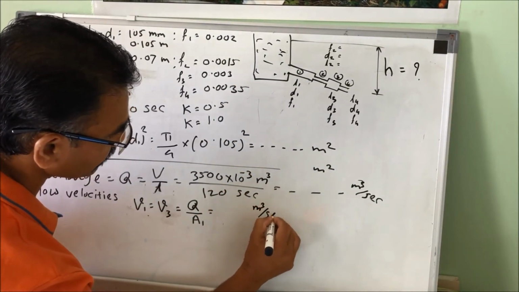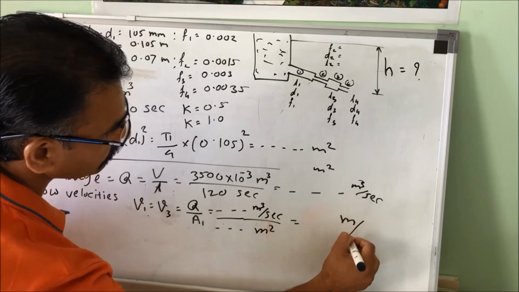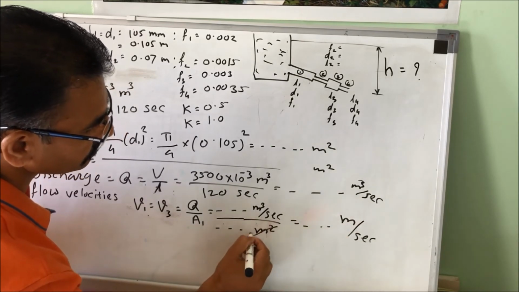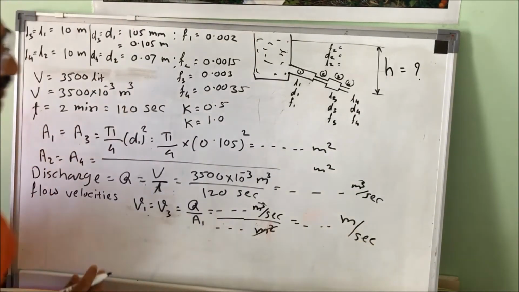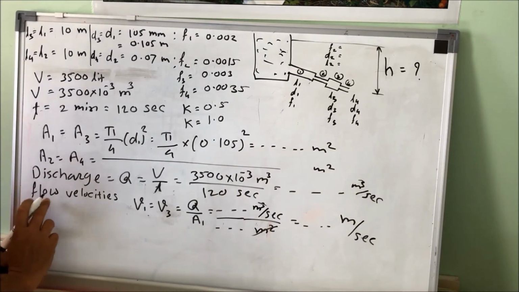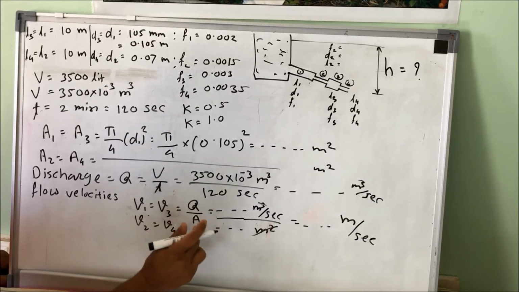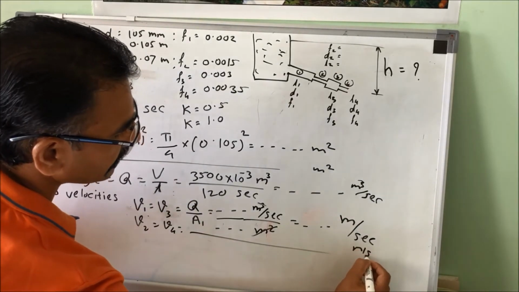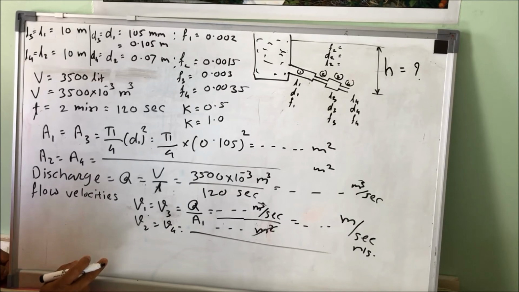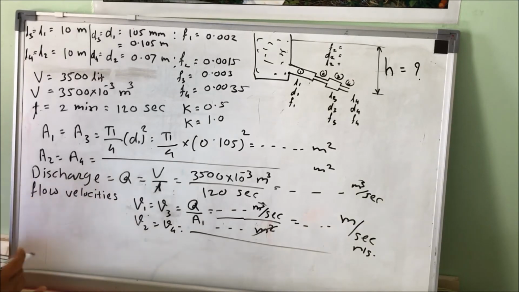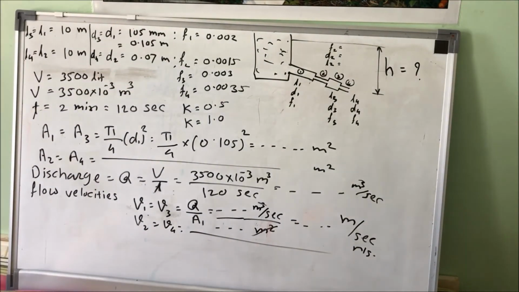Discharge is meter cube per second and area is meter square, so the meter square cancels with meter cube and you get meter per second. Once we know flow velocity V1, you can find V2 and V4, the same, Q by A2 meter per second. So I know velocities V1 and V2. This is the basic you have to do. Once you finish the velocity, then we can write the formulas one by one. So I will erase it.